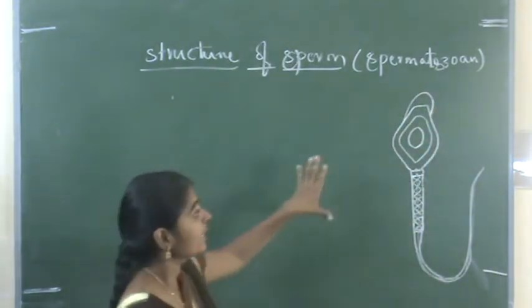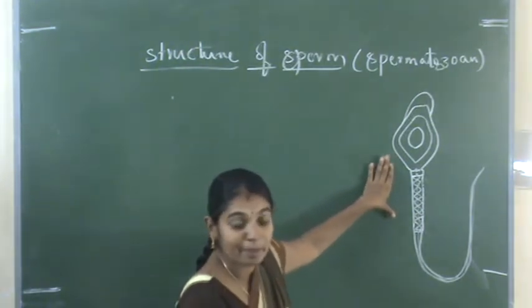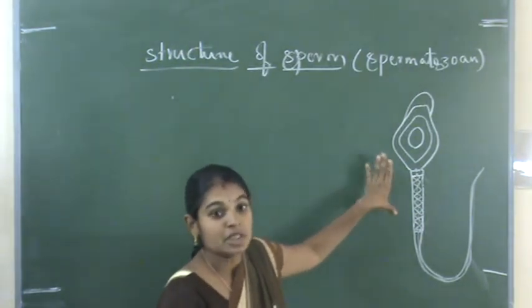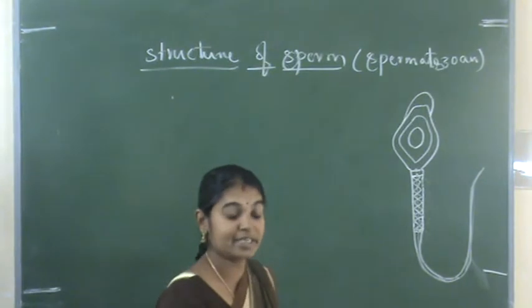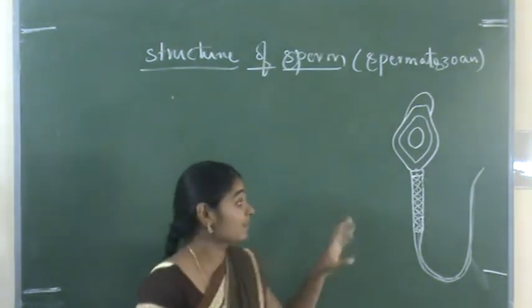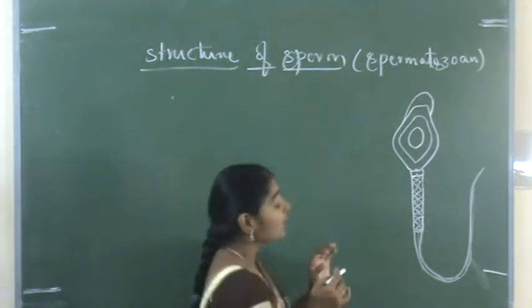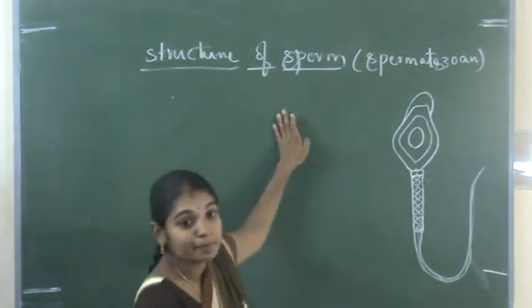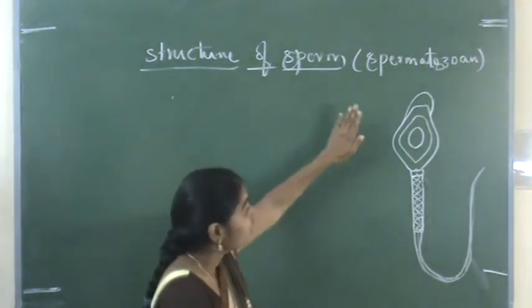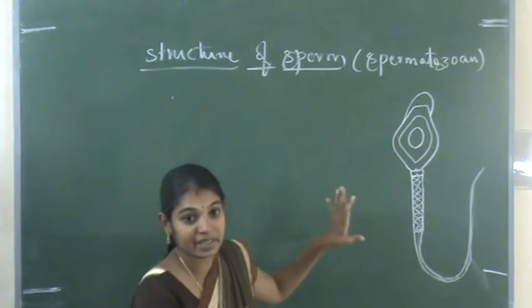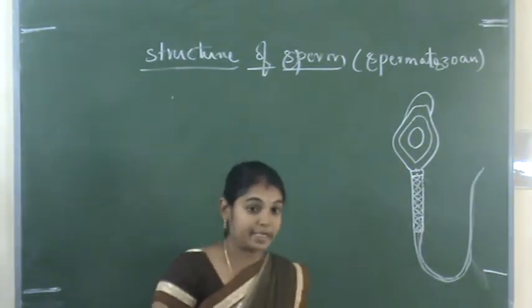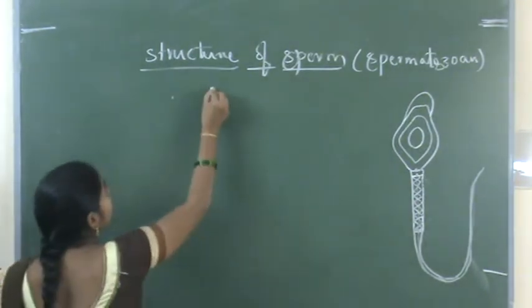So this is a typical mature spermatozoon structure, and the structure is very important, as sometimes they may ask it. Here the sperm is divided into 4 distinct parts. What are those 4 distinct parts?